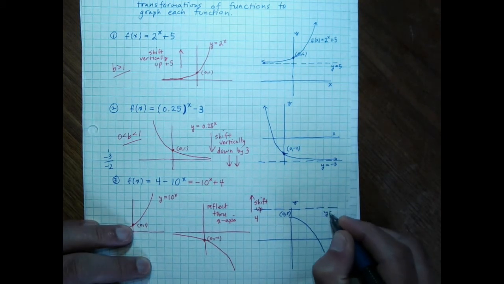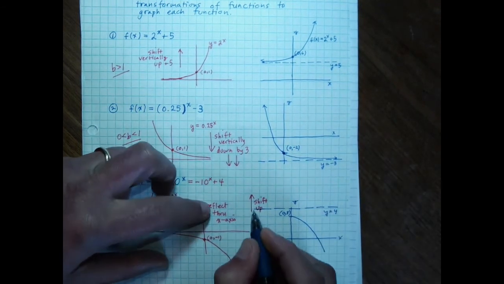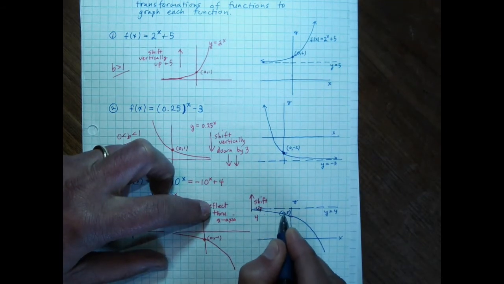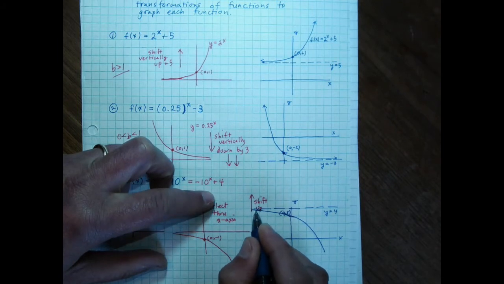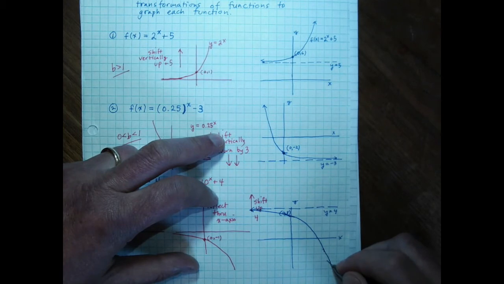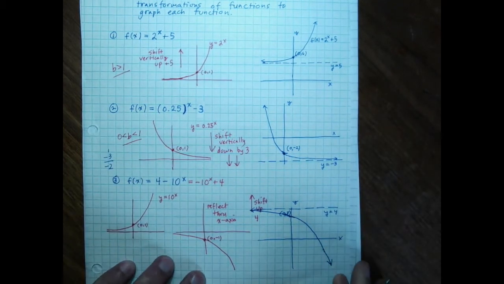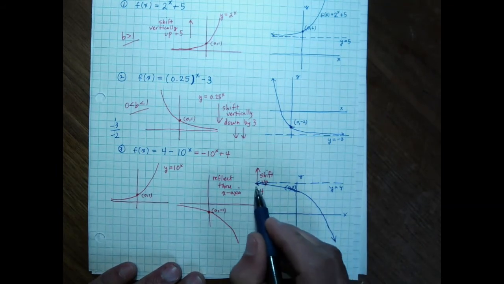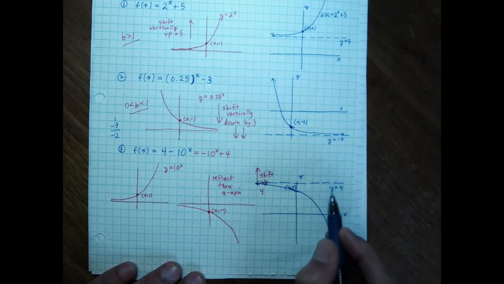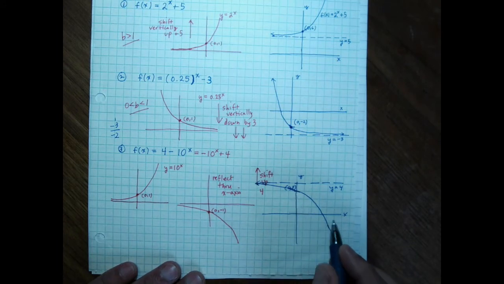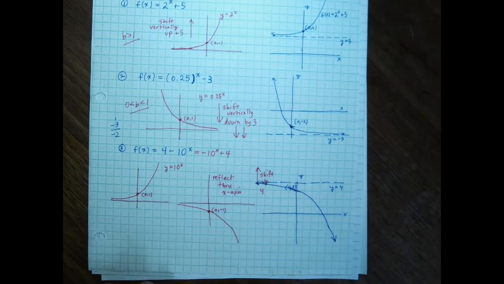So y equals 4 is the position of my horizontal asymptote, and my graph is going to cut right through where I drew the coordinates for that y-intercept. And the graph is going to look something like so. I need the horizontal asymptote. I need the y-intercept 0, 3. Right now we don't have to worry about the x-intercept. There's my final graph.